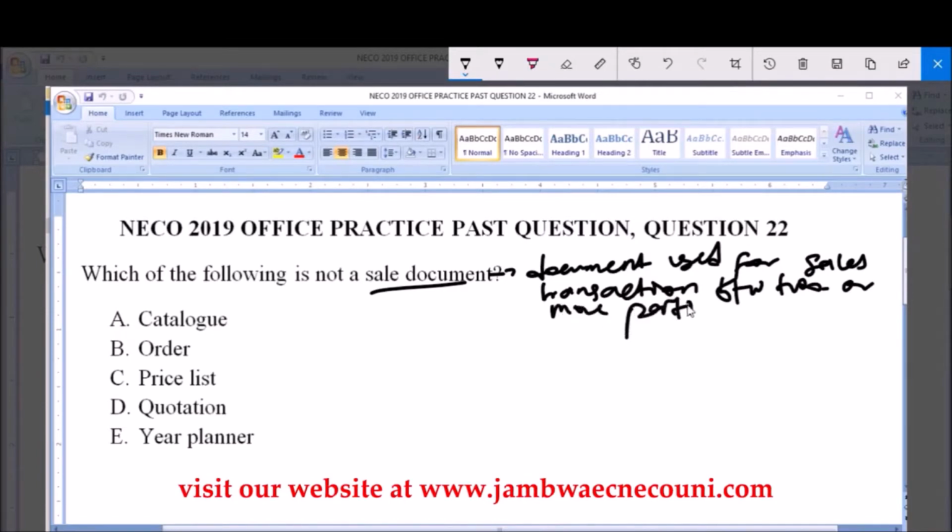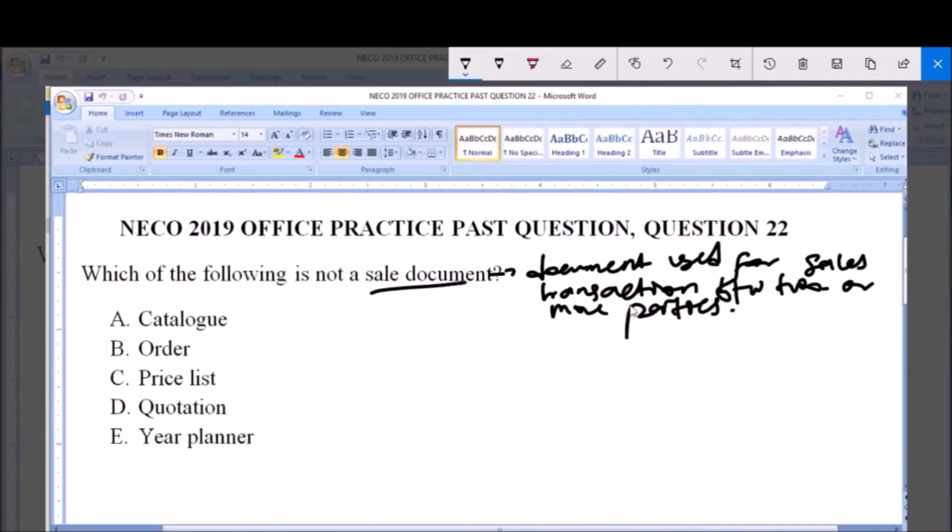Now we have various types of sales documents, ranging from the legal entry to your catalog, your order, your price list, your quotation, and so on. Now the question says, which of the following is not a sale document? All these are sale documents except option E, year planner. Year planner is not a sale document.